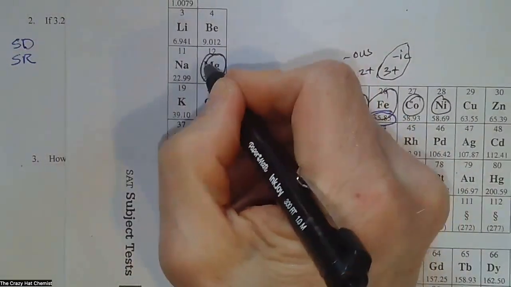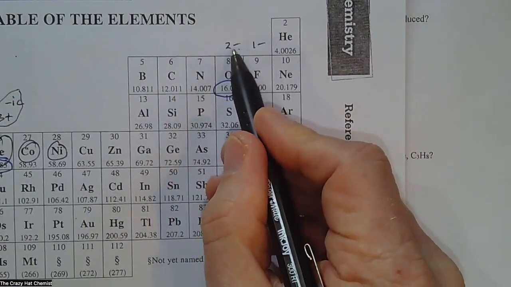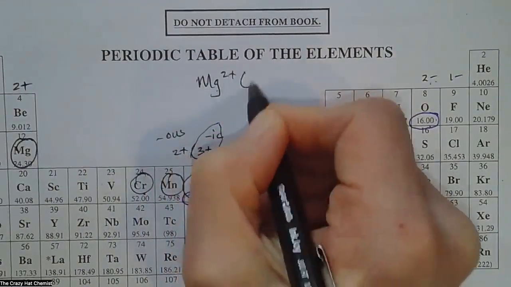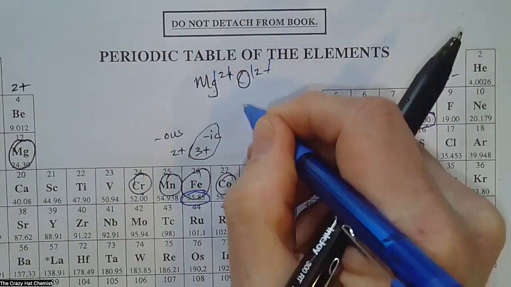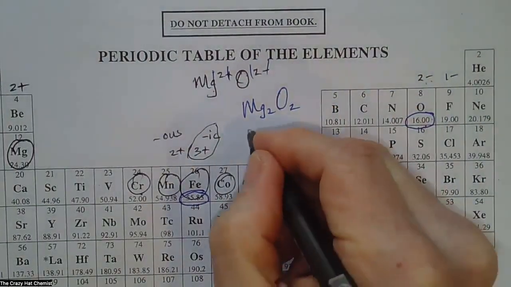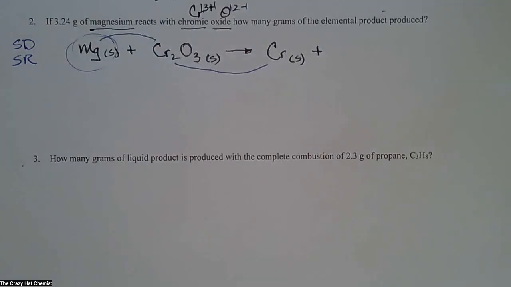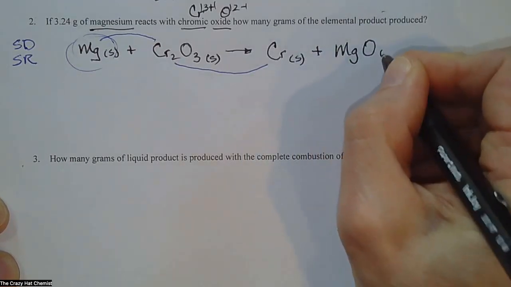So I'm going to have to look at my periodic table and find magnesium. It is in group 2 and it has a 2+ periodic trend charge. And then oxide has a 2- charge. So I'm going to take the absolute value of these two numbers, Mg2O2, and then I have to reduce this. That reduction would give me MgO as my final product. So that's MgO. It's also a solid.